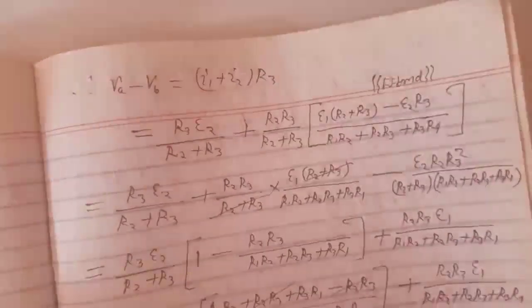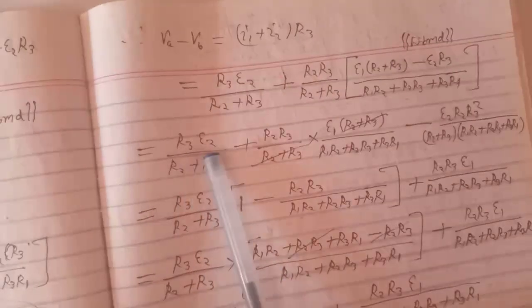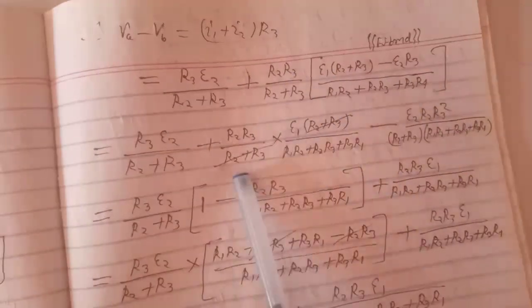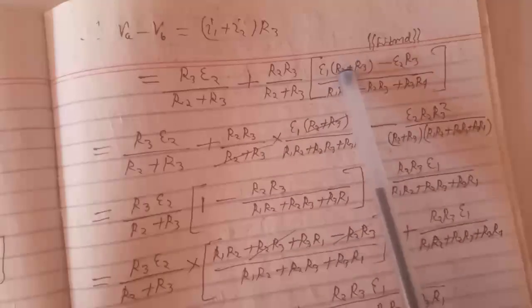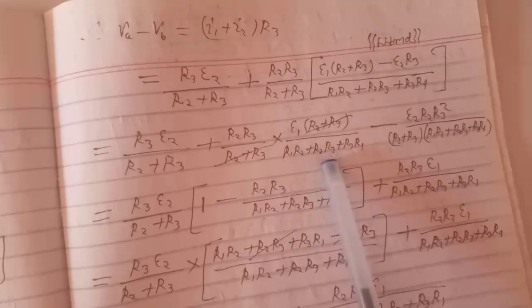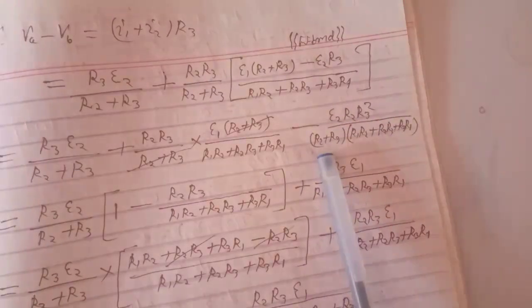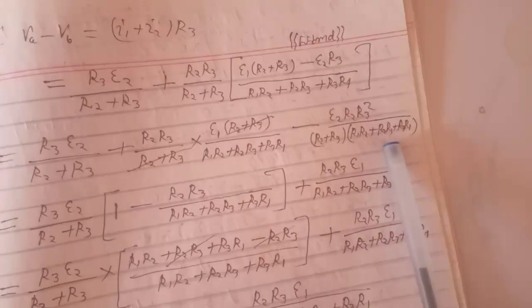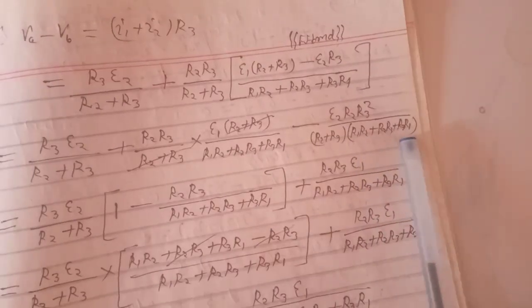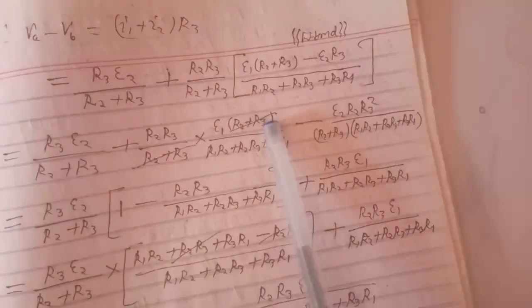And solving it, we have R3 E2/(R2 + R3) plus R2 R3/(R2 + R3) times this part: E1 (R2 + R3) divided by (R1 R2 + R2 R3 + R3 R1), minus E2 R3² divided by (R1 R2 + R2 R3 + R3 R1), and this will cancel out.